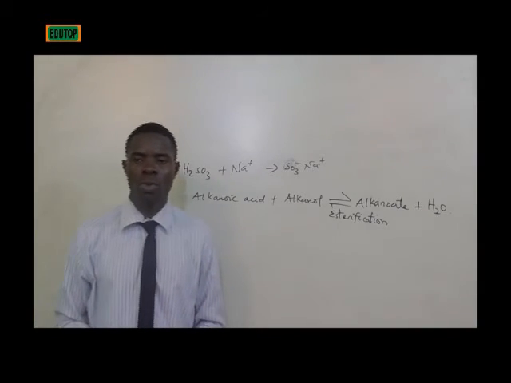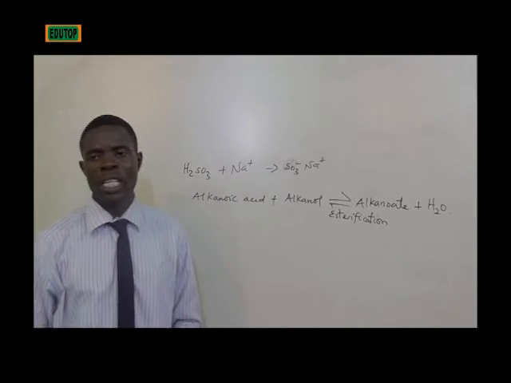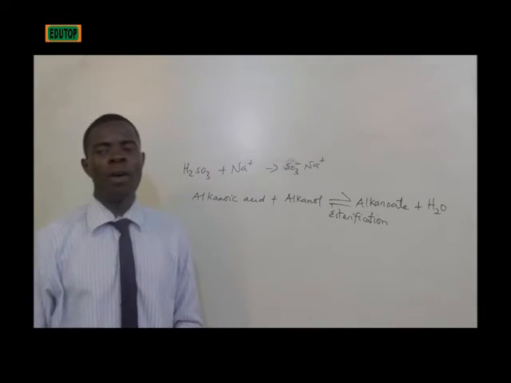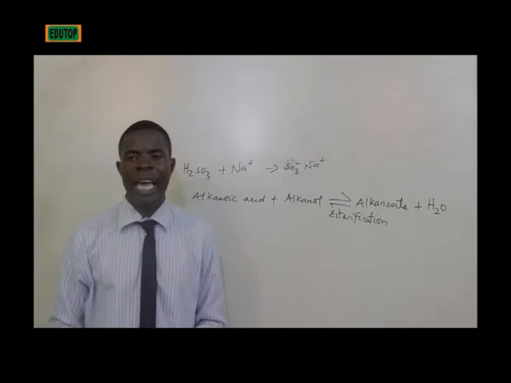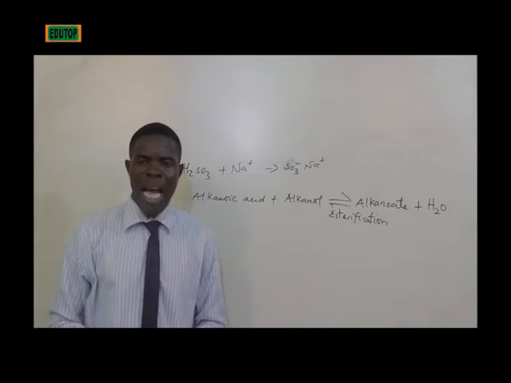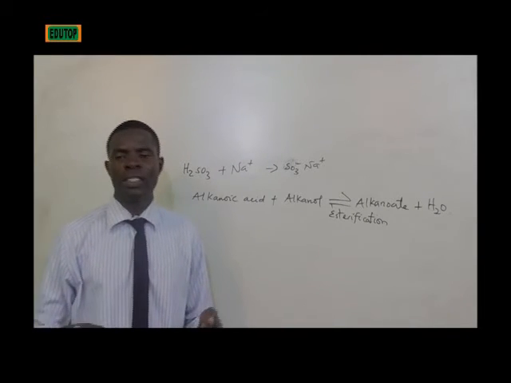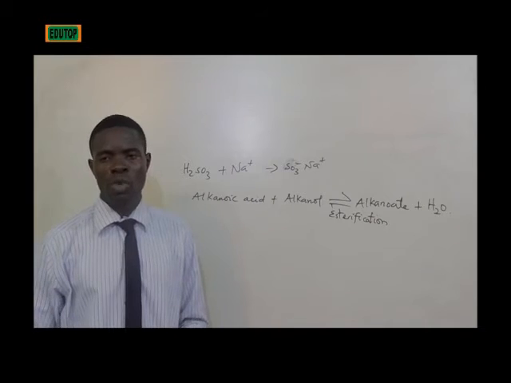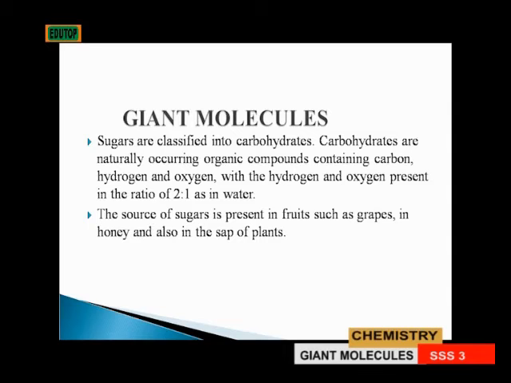Giant molecules. What are giant molecules? These are molecules of complex entities. Examples of giant molecules include sugar. Sugars are classified into carbohydrates. Carbohydrates are naturally occurring organic compounds containing carbon, hydrogen, and oxygen.